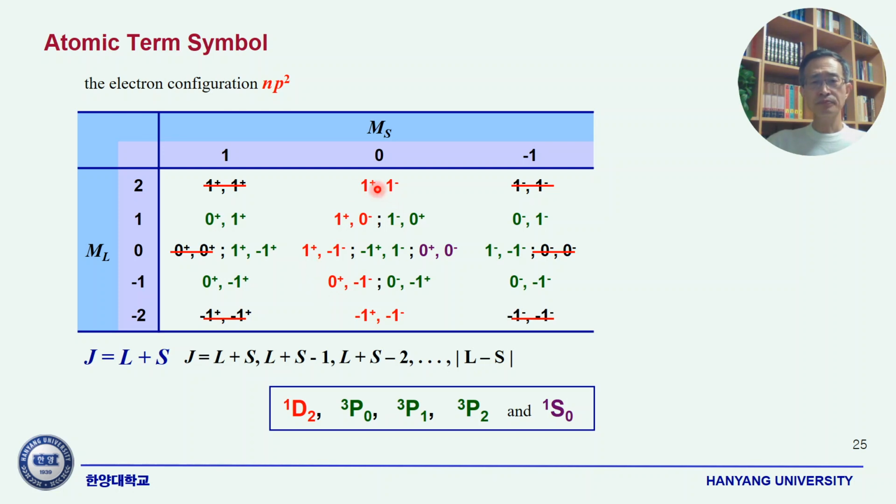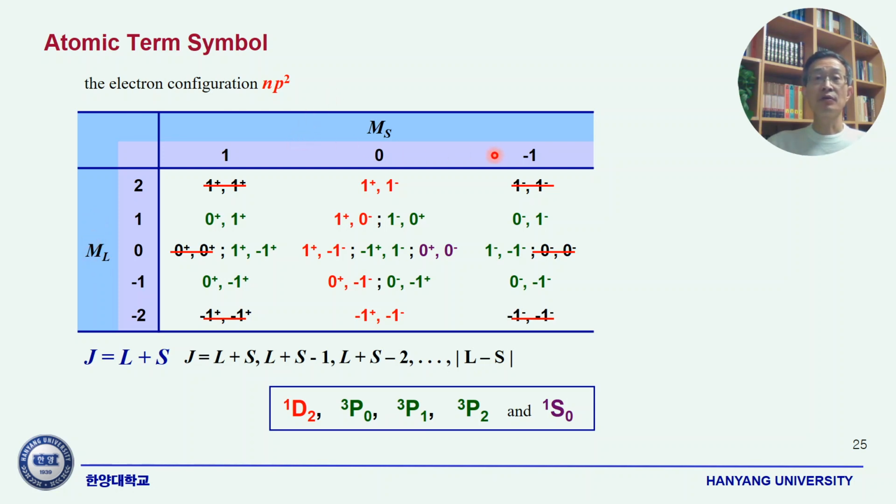And then what you have here is the L value. The largest L value is, because ML is running from 2 to -2, what? 2. Largest L equals 2.